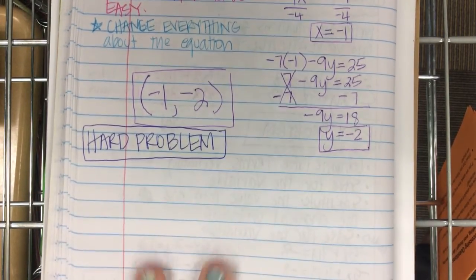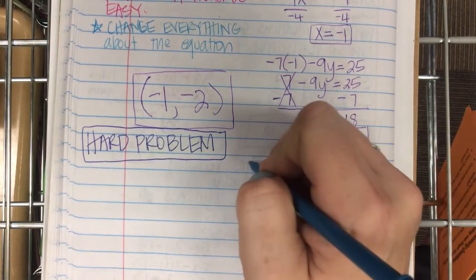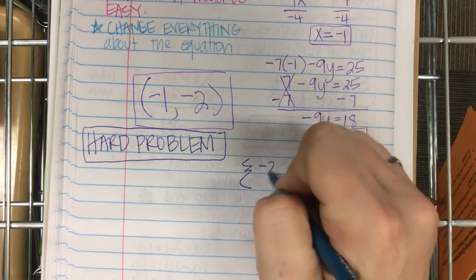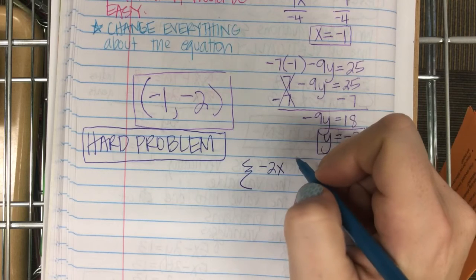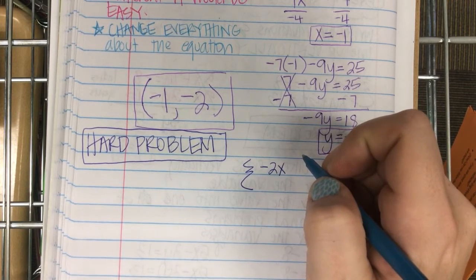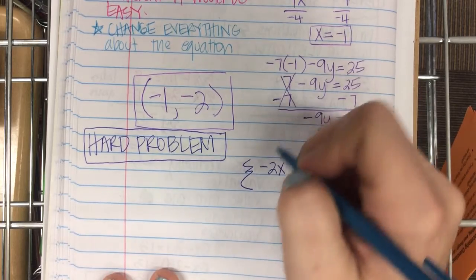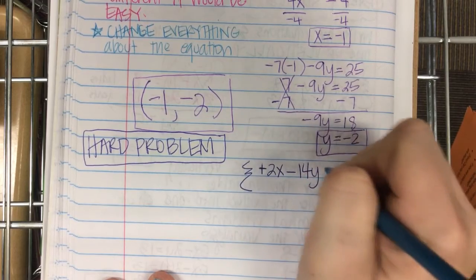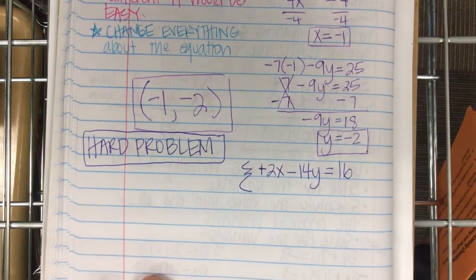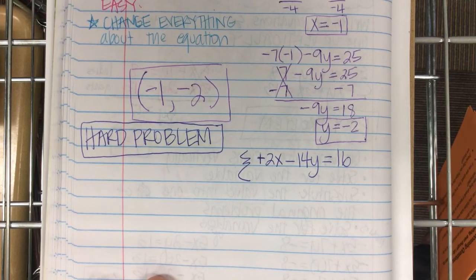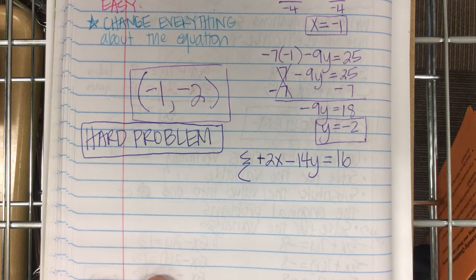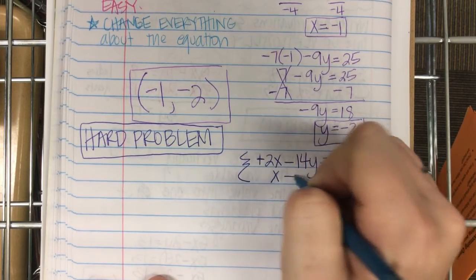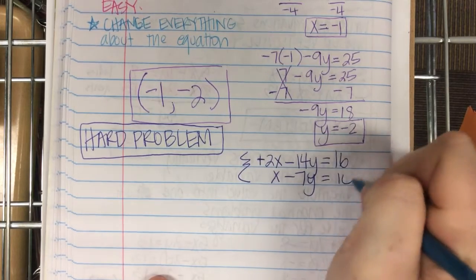All right, and a hard problem is called a hard problem because if I look at it, positive 2x, sorry, minus 14y equals 16, and x minus 7y equals 10.